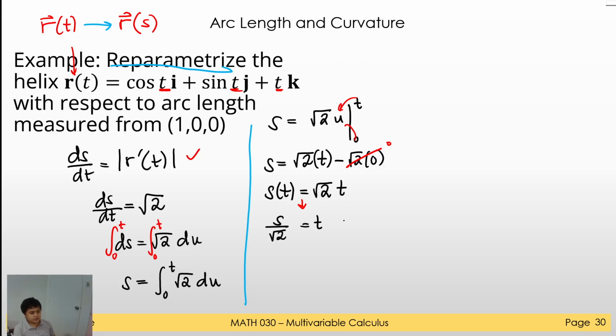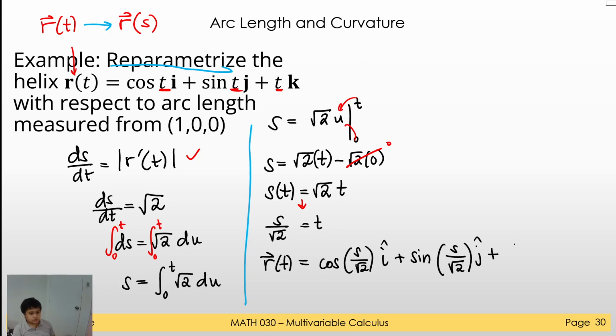So the vector valued function r is equal to cosine of s over square root of 2 times i hat, plus sine of s over the square root of 2 times j hat, plus t, which is also s over square root of 2, times k. So this will be your vector valued function in terms of s now. This will be your final answer.